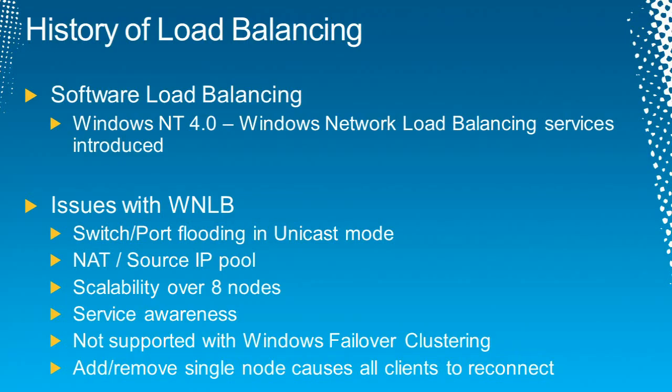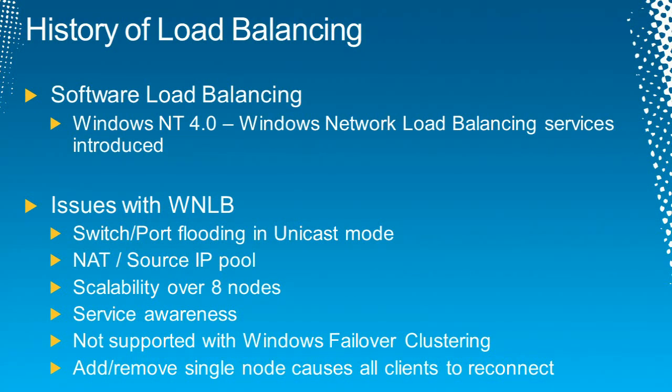With Windows NT4, we introduced the concept of software load balancing, so we have Windows Network Load Balancing. We've had this technology in Windows for the past 12, 15 years, but there are some issues with Windows Network Load Balancing. So we call them out here. If you configure Windows Network Load Balancing, sometimes your network team gets upset. If you're using unicast mode, you can get problems with switch or port flooding, for example.